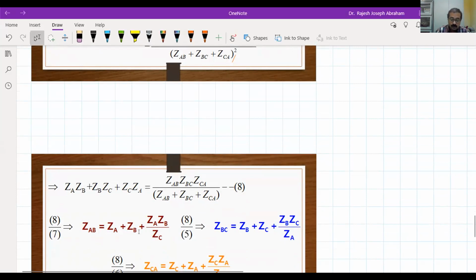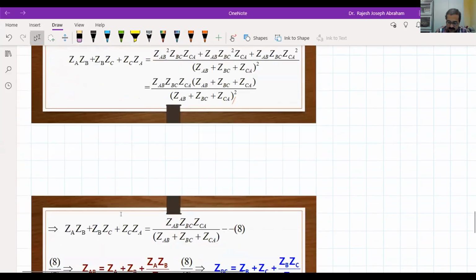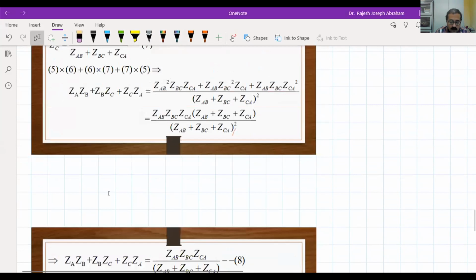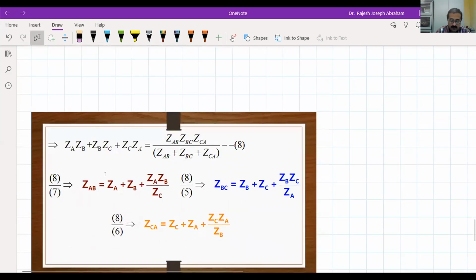Now you have to divide equation 8 by equation 7. Equation 7's left hand side is ZC, so when you divide by ZC, you will get ZA plus ZB plus ZA into ZB divided by ZC, which will be ZAB.